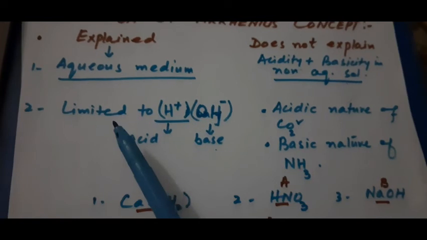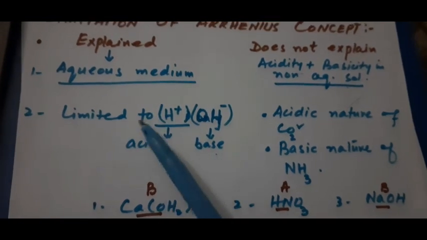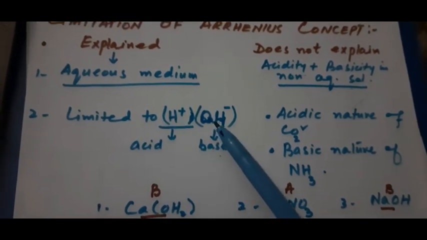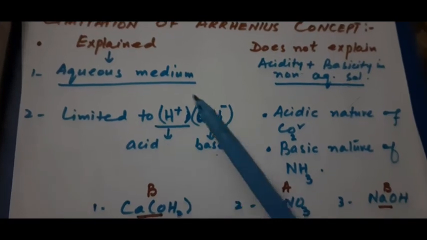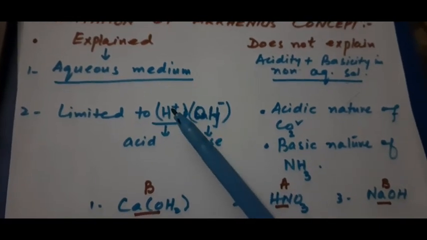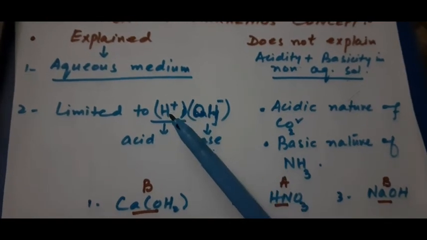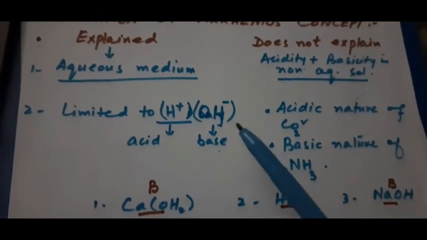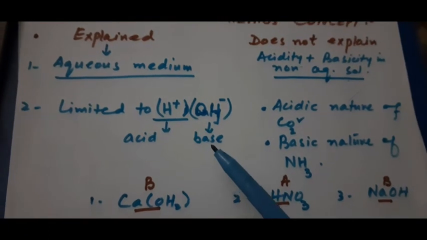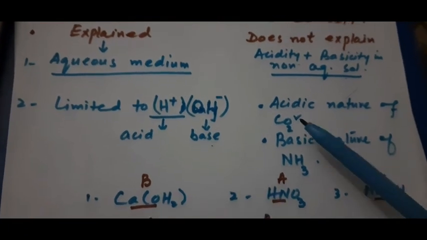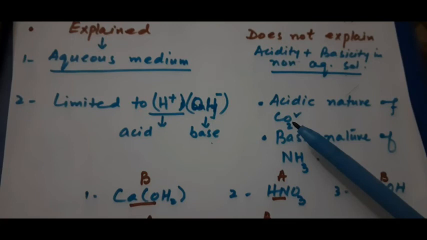Another limitation is that he was limited to the production of hydrogen and OH ions. The production of hydrogen ion is known as acid, and the production of OH ion is known as base. But he didn't explain the acidic nature of carbon dioxide.